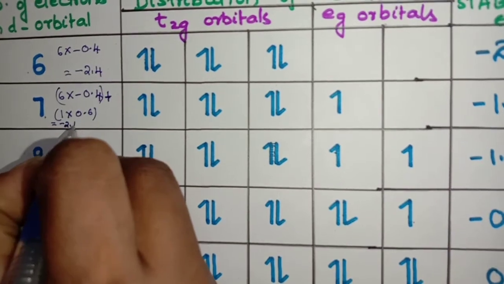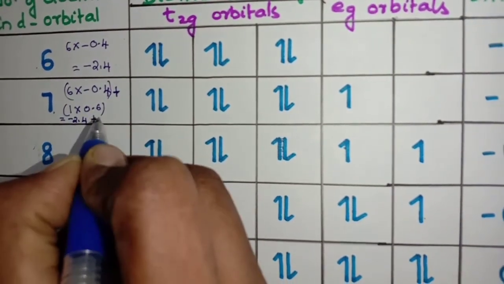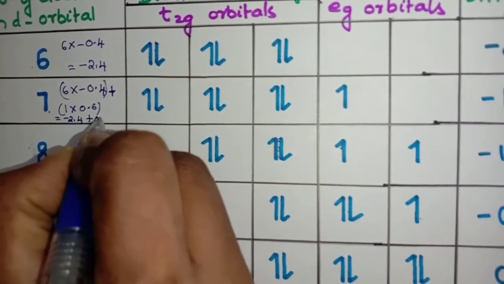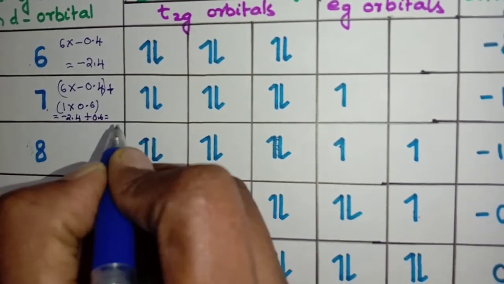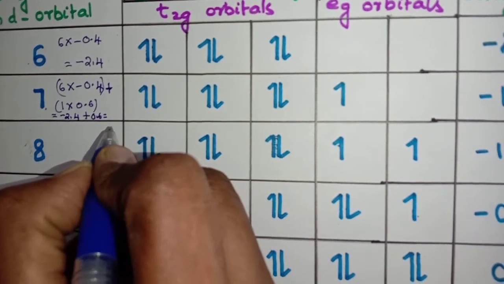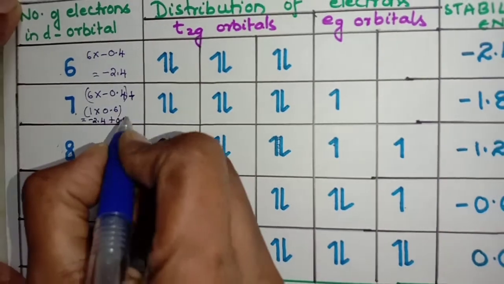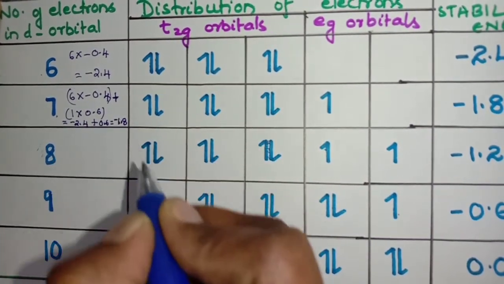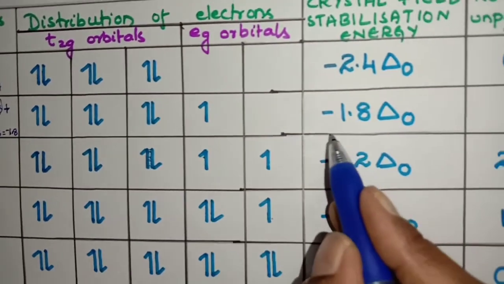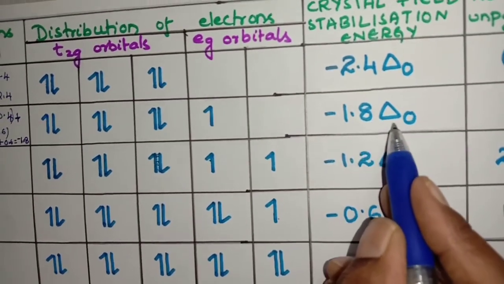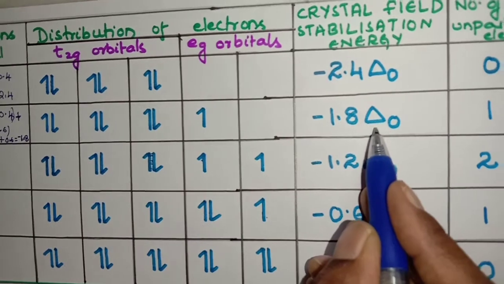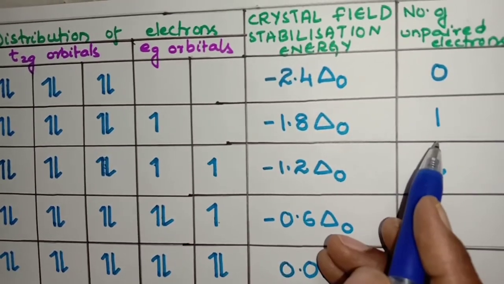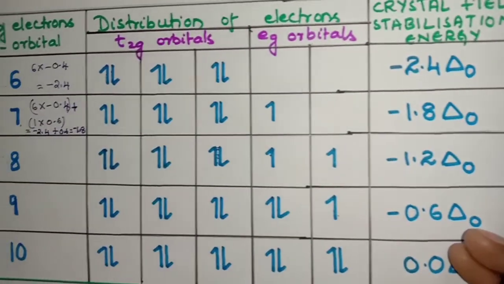Minus 2.4 plus 1 into 0.6. 0.6 is equal to how much? Minus 2.4 plus 0.6. It is equal to minus 1.8. Okay. So that is its CFSE, minus 1.8 delta O units, and number of unpaired electrons equals 1. Okay, students, am I clear?